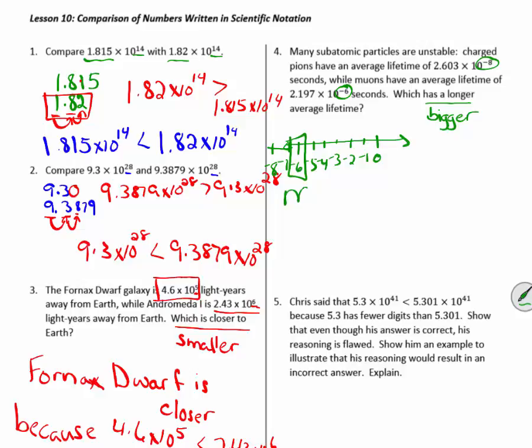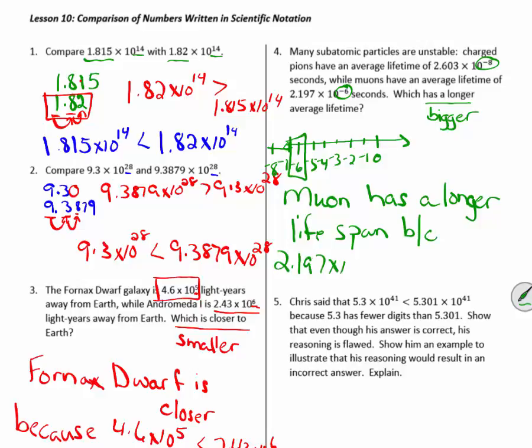So the muon has a longer lifespan, because 2.197 times 10 to the -6 is greater than 2.603 times 10 to the -8th.